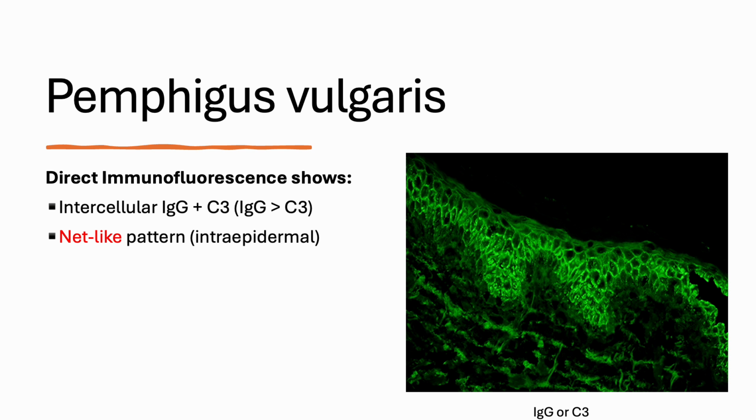It doesn't matter. It has to be one of those. So we have that combination of net-like pattern, IgG plus C3. This is very characteristic for the pemphigus family. And why I say pemphigus family is because there will be more pemphigus in the next few slides. We will continue with pemphigus foliaceus, then come back.